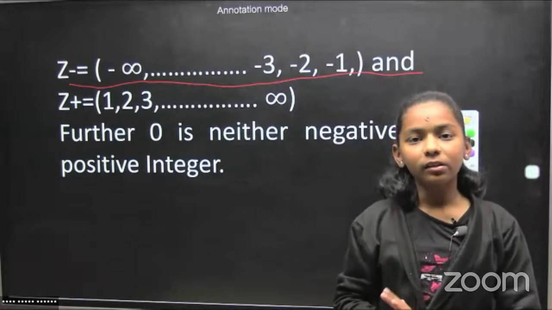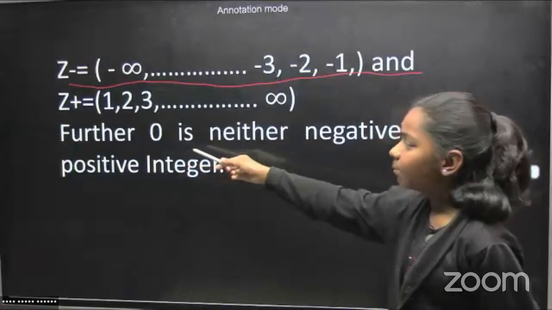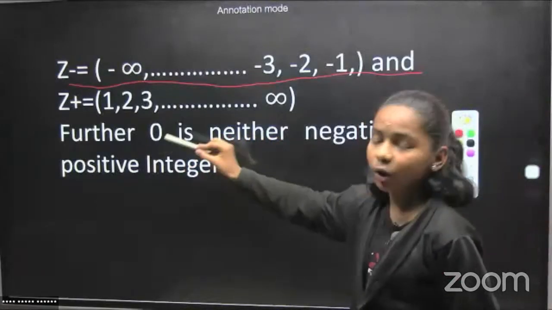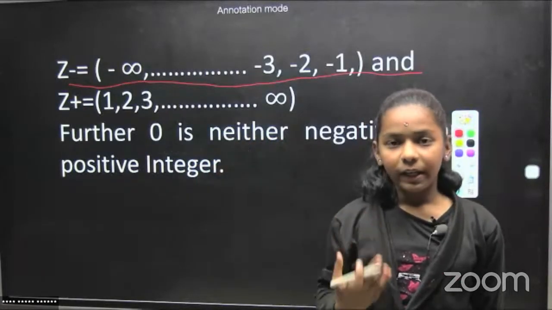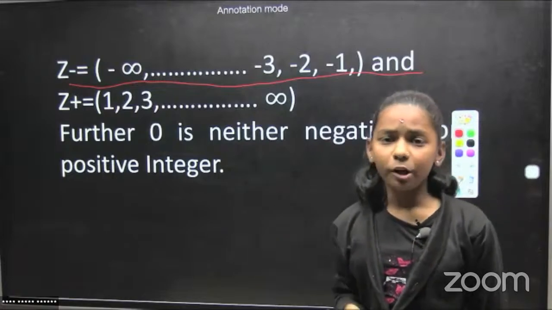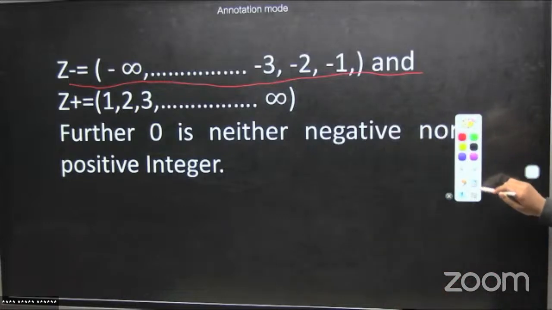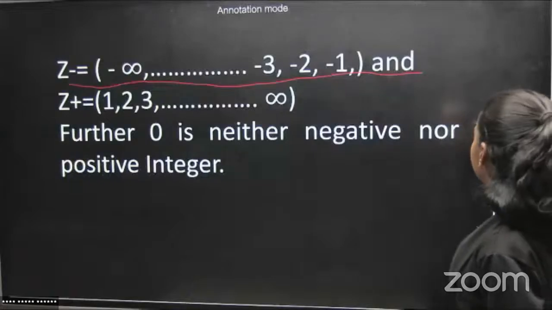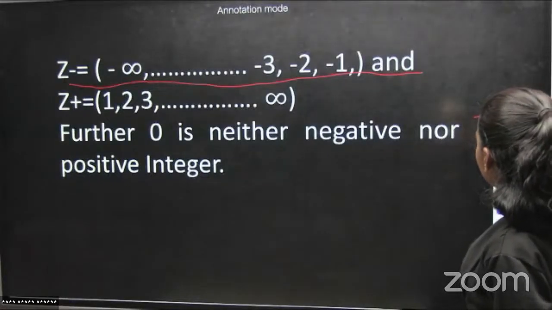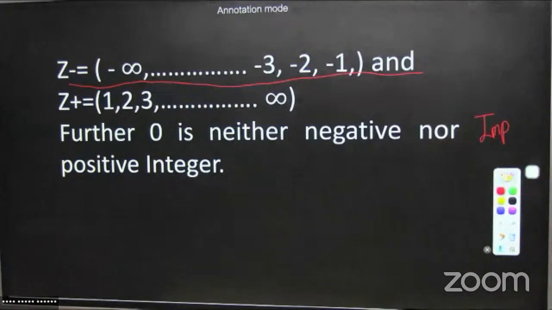This question can be asked in your exam. Further, 0 is neither a negative integer nor a positive integer. Write down this line and make it IMP. Important. This line is important.